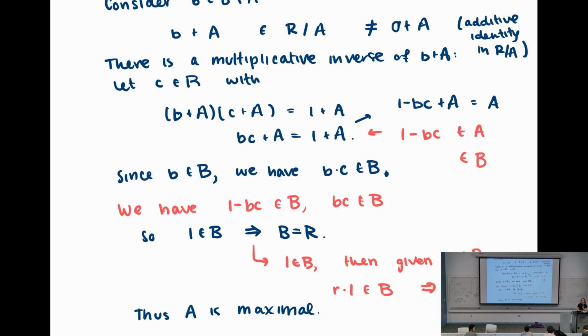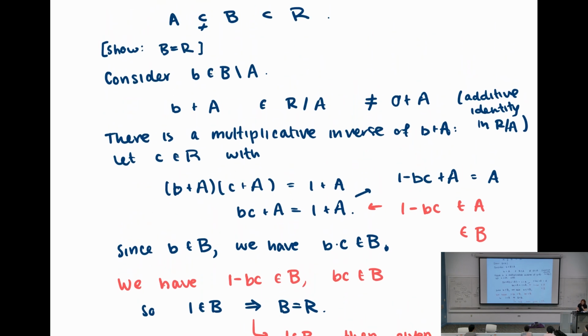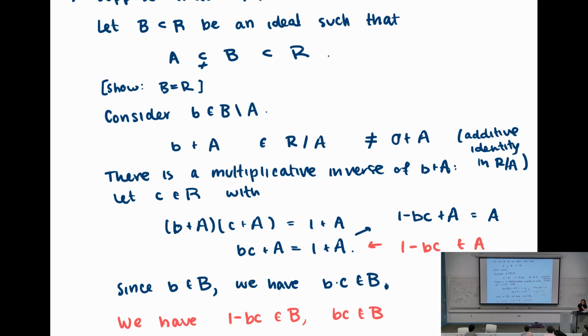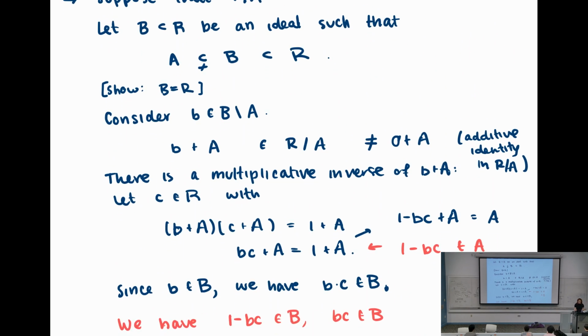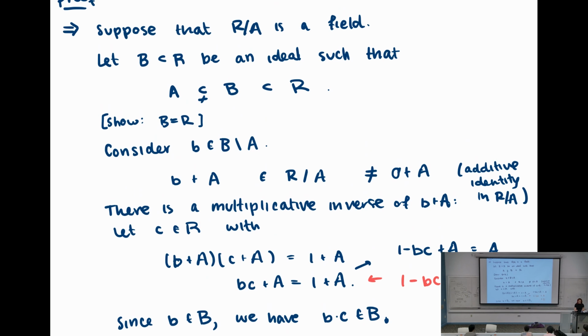Other questions? Yeah. At the start, we assumed that B is not equal to A, right? Isn't that only like half of the statement? Because doesn't it also say like B could equal A if B is not equal to R? Okay, yeah, so what is our definition of a maximal ideal? We say, okay, what if we have a chain like this?